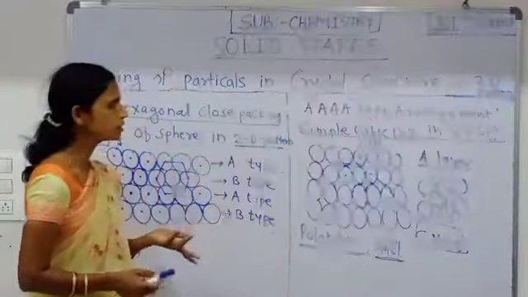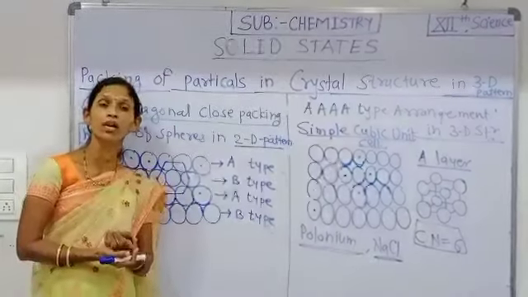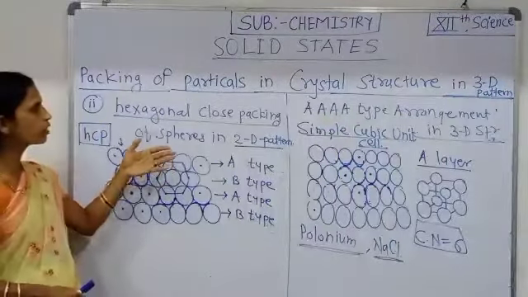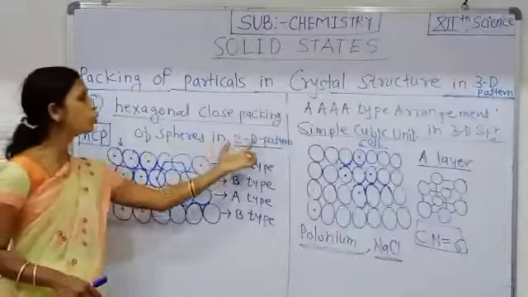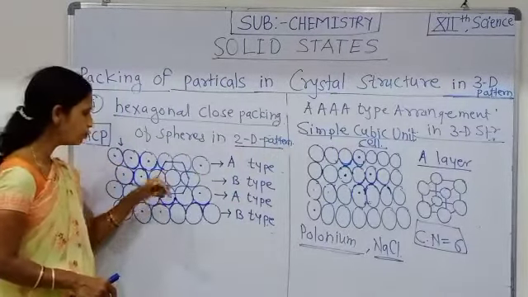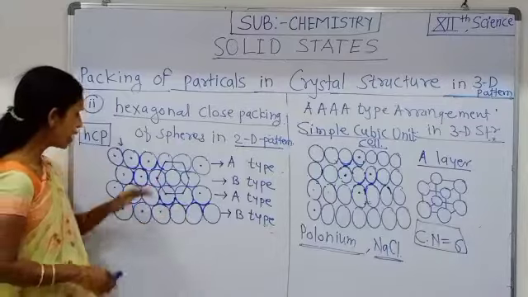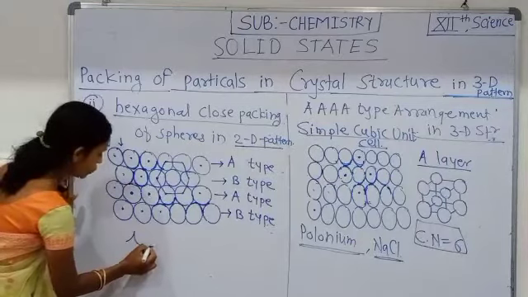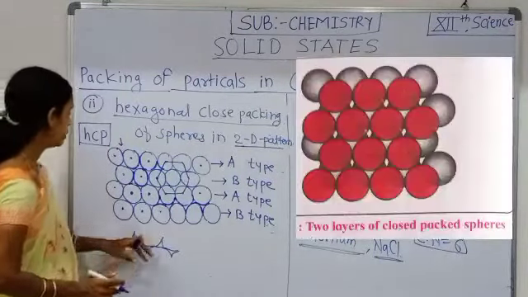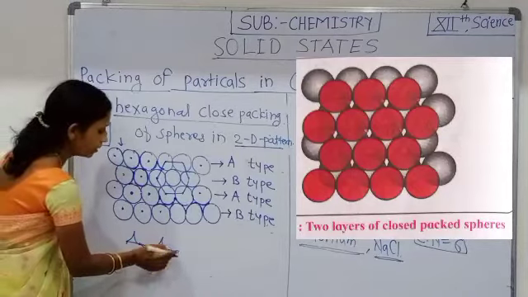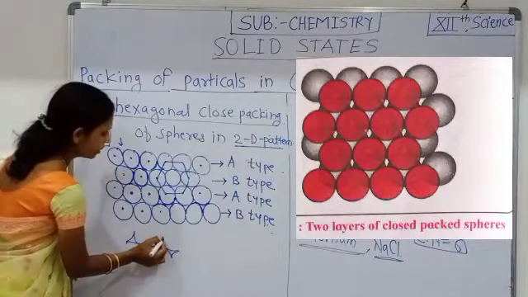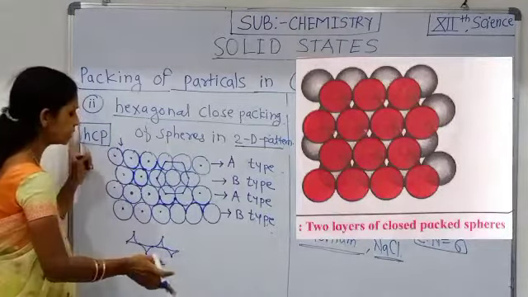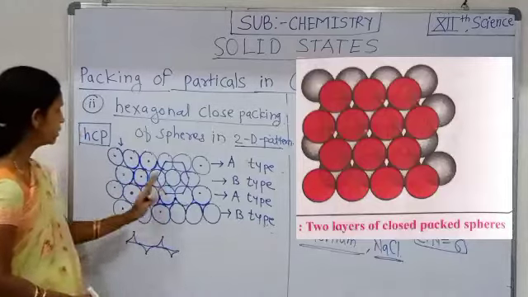Then we will discuss the 3-dimensional stacking of the SCP layers. See, hexagonal close packing of the spheres in 2-dimensional pattern, in which coordination number is 6, and voids are triangular, and those triangular voids alternately occur, in which the apex of those voids are in opposite directions, that is upward and downward direction.